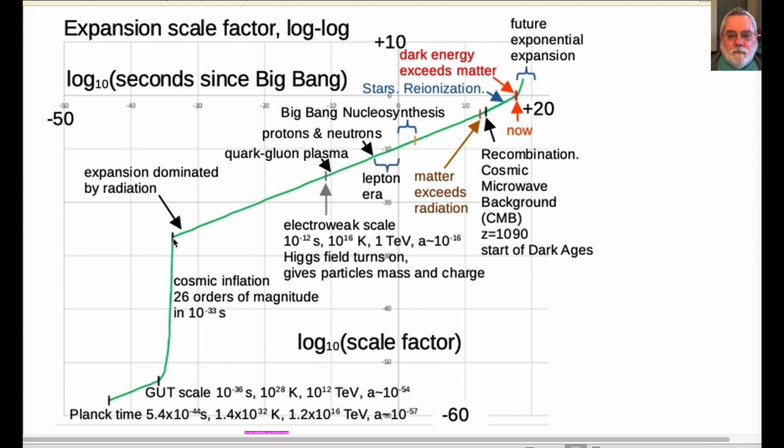After inflation, radiation temperature falls as the universe expands, as does the energy density and pressure of radiation, and later, matter.